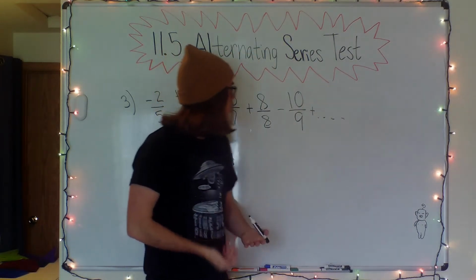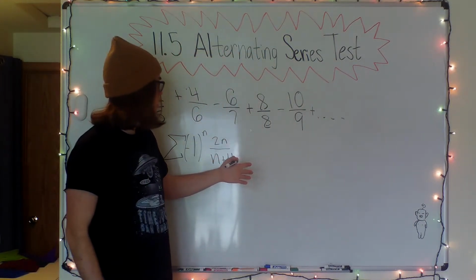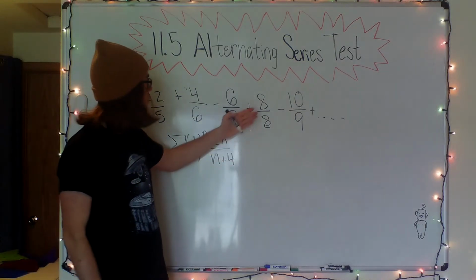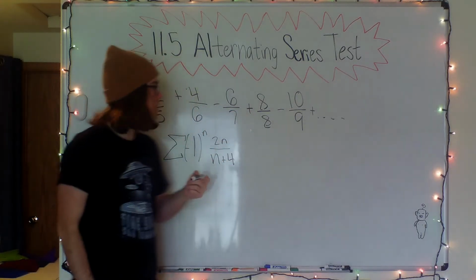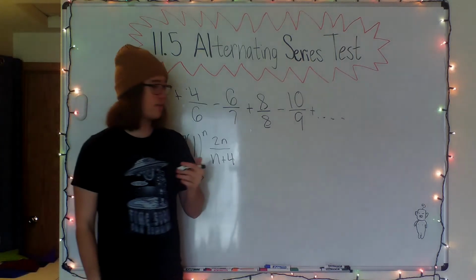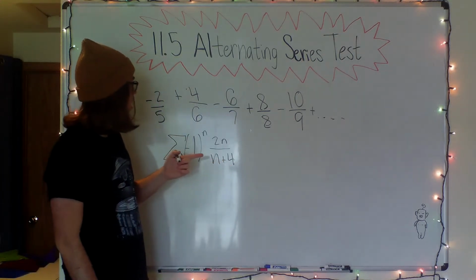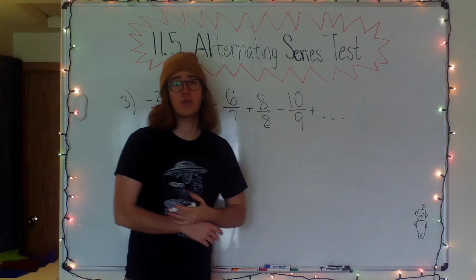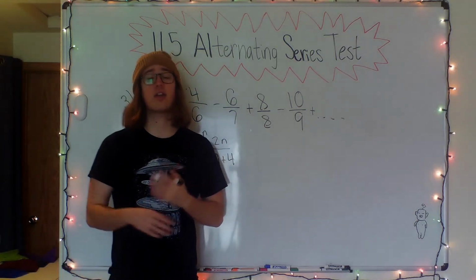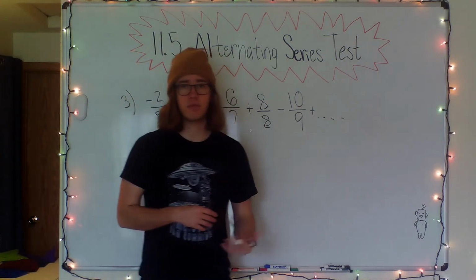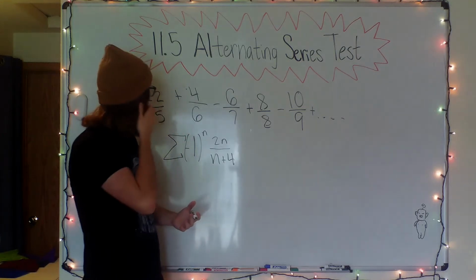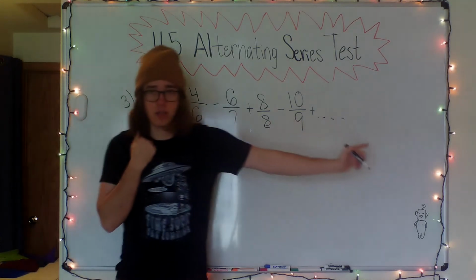convergence, because we can see two different things. We could take the limit of this, or we could just look at the terms. When n is greater than 4, our term after is going to be bigger than our term before, and that will be the case for all these terms.